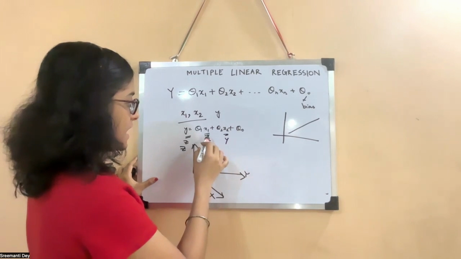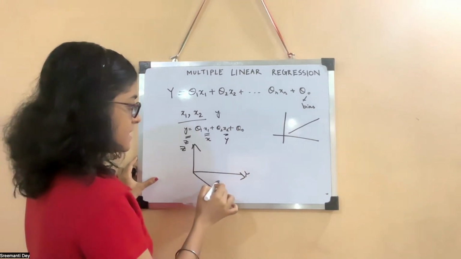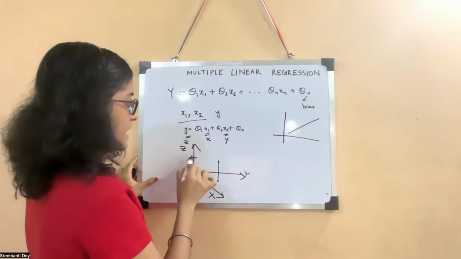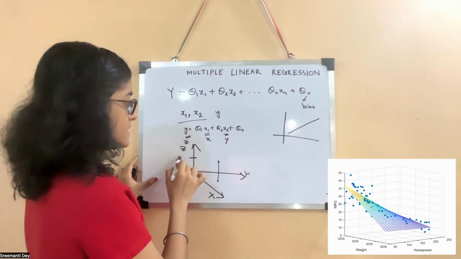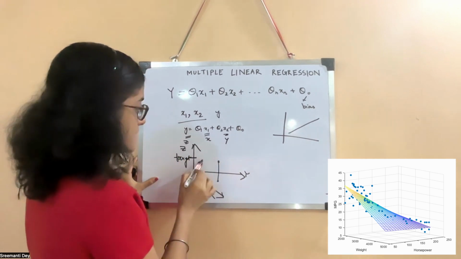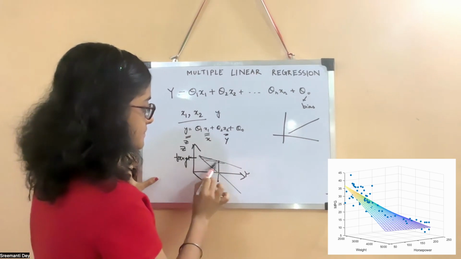Now suppose we have some theta 1 x1 plus theta 2 x2, and then some constant, and this is the target. Therefore the curve would be something like this: a plane.